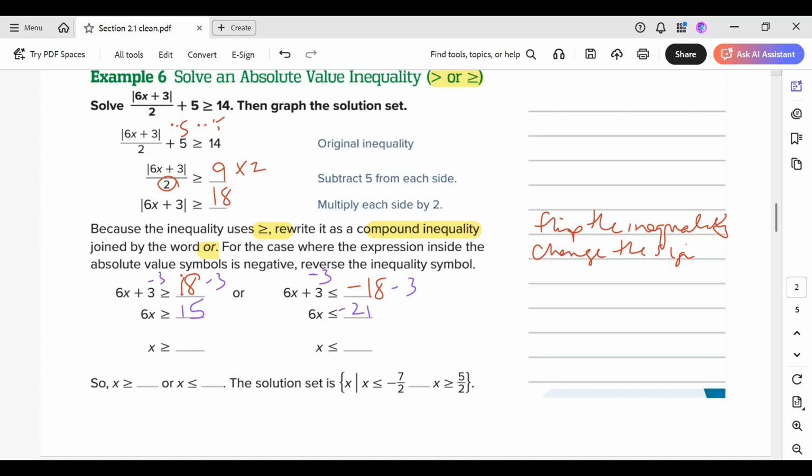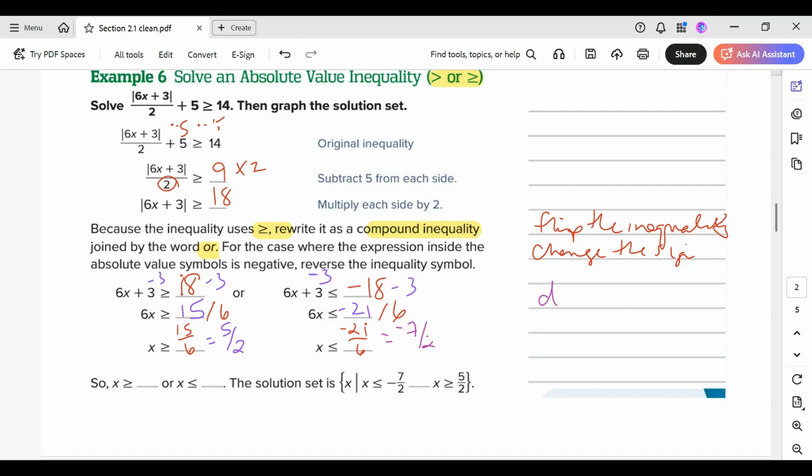And then we divide both sides by 6. So now we get 15 over 6. But remember, 15 over 6 is reducible. So it reduces to 5 over 2 because they're divisible by 3. Here we have negative 21 over 6. And again, divide by 3, and I get negative 7 over 2.